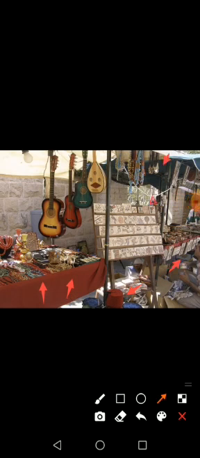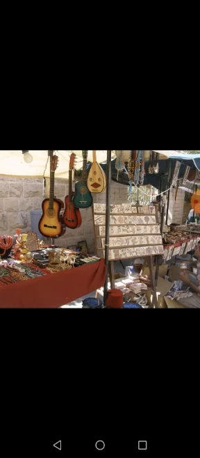It is handmade or handcrafts. Made by hand. Can you see those things? It is made by hand. I think those are very, very beautiful.